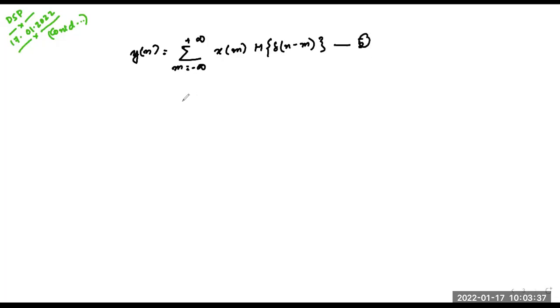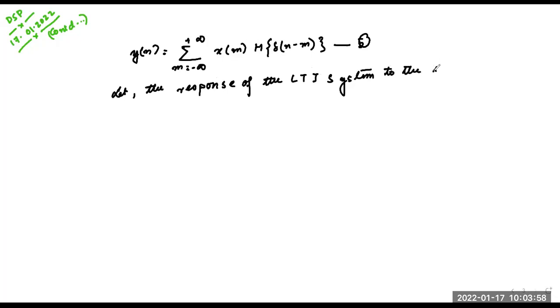So let the response of the LTI system to the unit impulse input delta[n] be denoted by h[n].